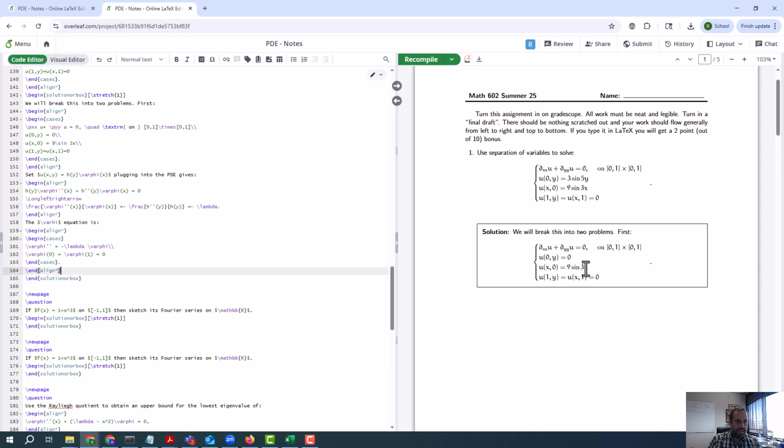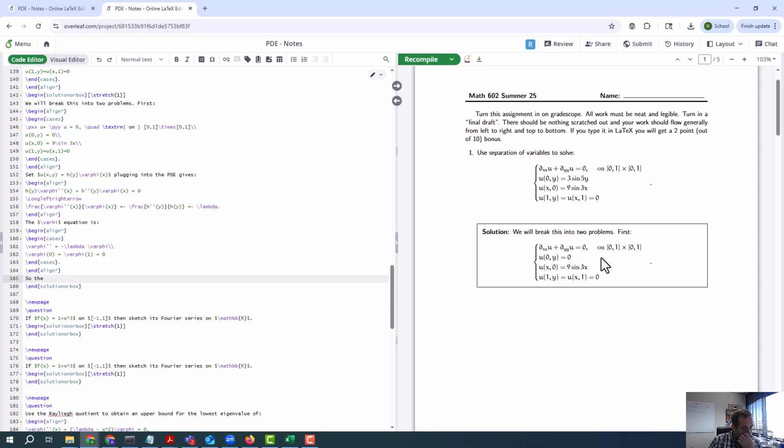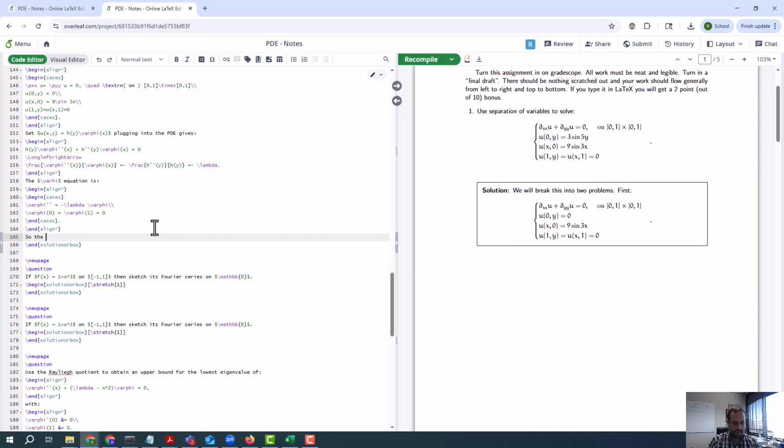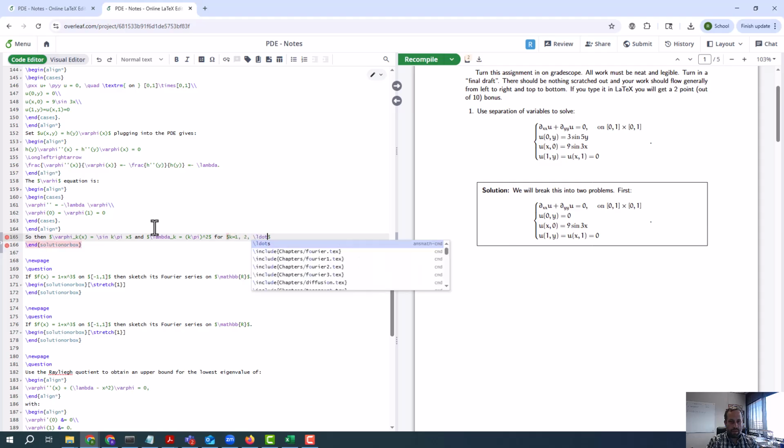Okay, so we know what this is. So then we're going to get all these different eigenfunctions, phi k of x is equal to sine k pi x. And then the kth eigenvalue is going to be equal to k pi squared for k equals 1, 2, and so on and so forth.